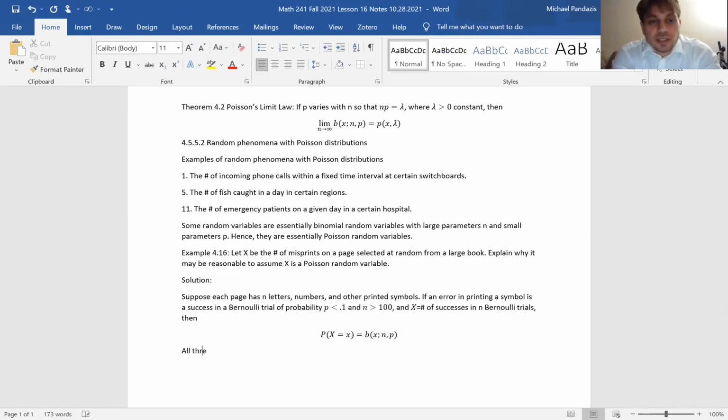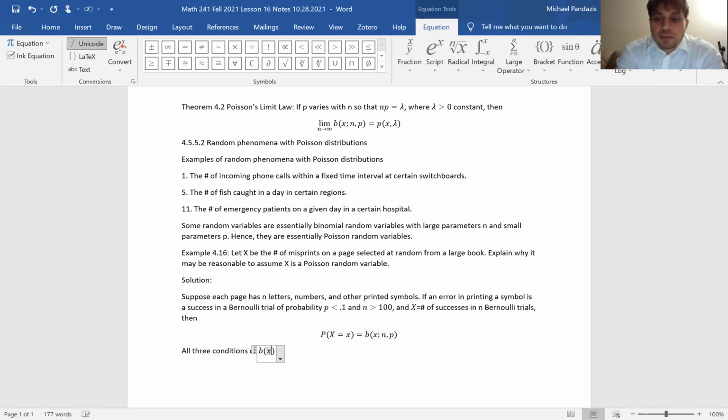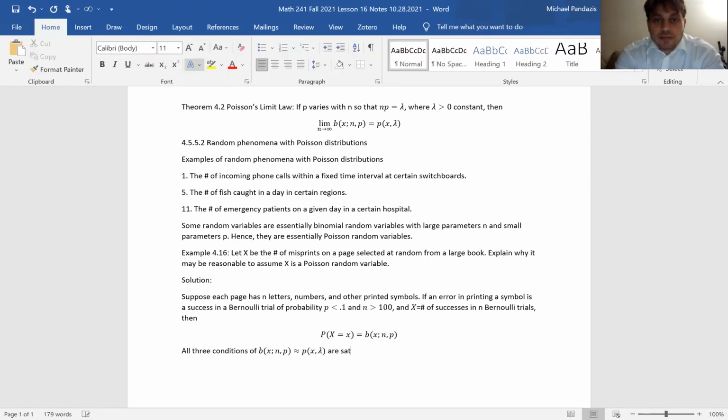So all three conditions for the binomial probability function being approximately equal to the Poisson probability function are satisfied in the problem.